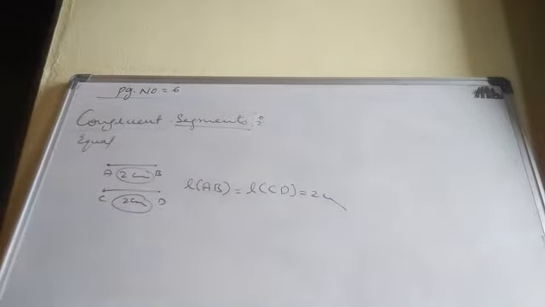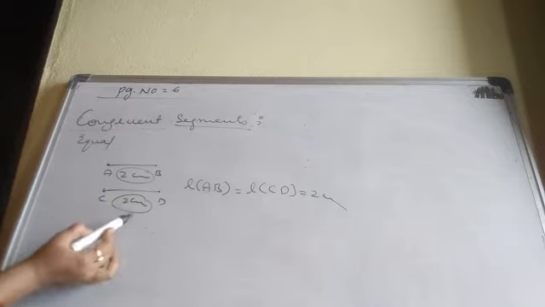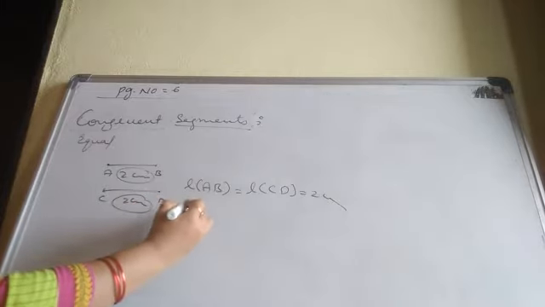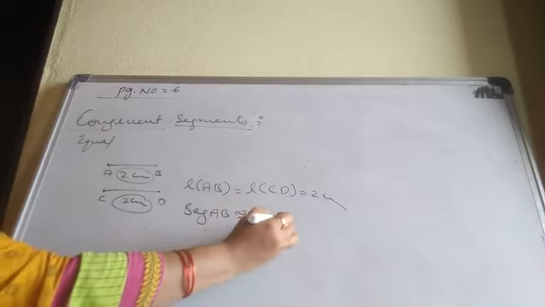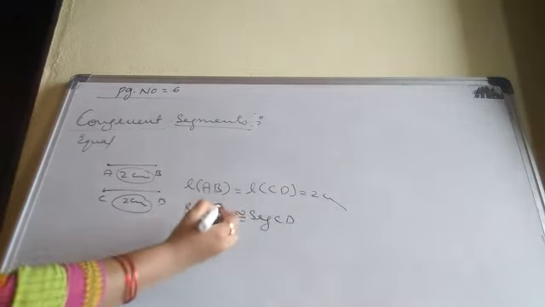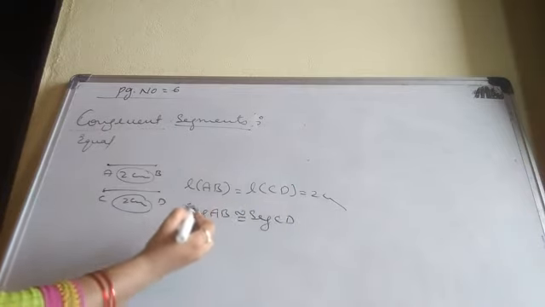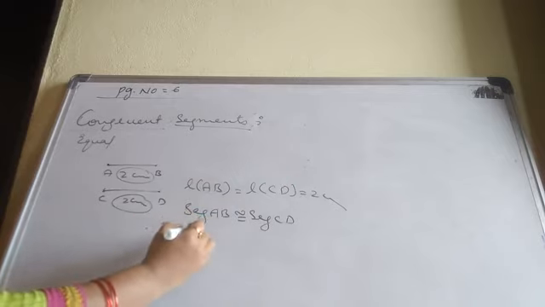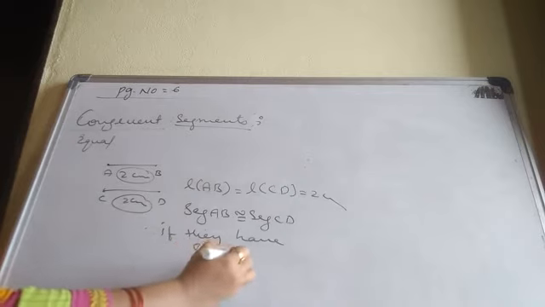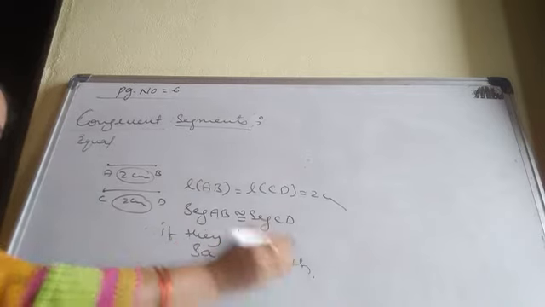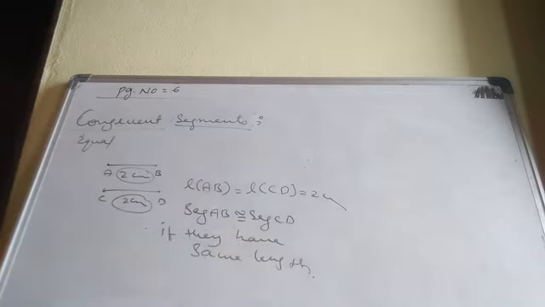Therefore, segment AB is congruent to segment CD. When can we tell that these two segments are congruent? If they have the same length. Okay, students, that is your next definition.